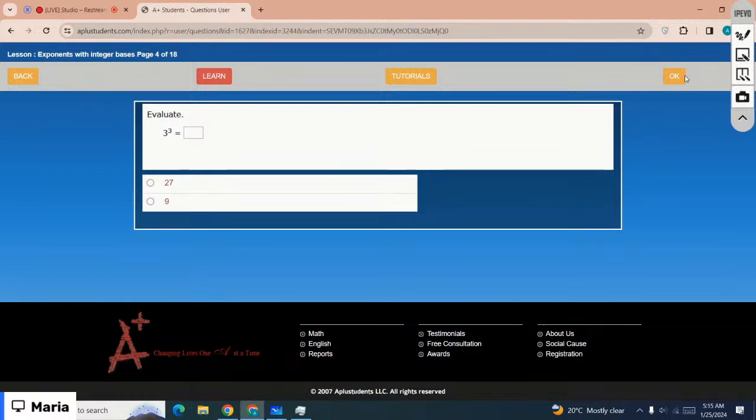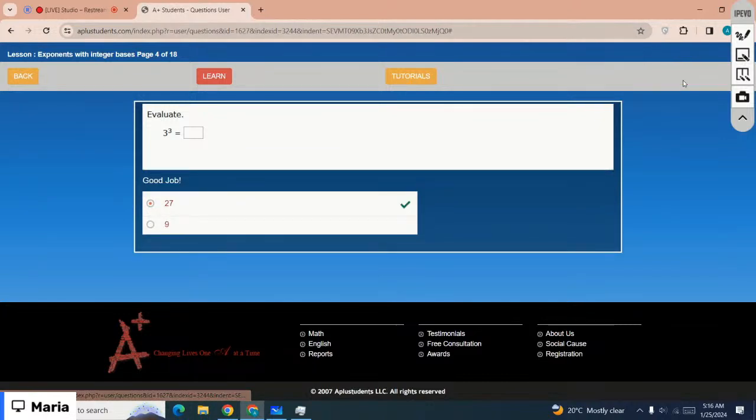Evaluate 3 exponent 3. So which is the correct option? That is 27. The correct option is 27.